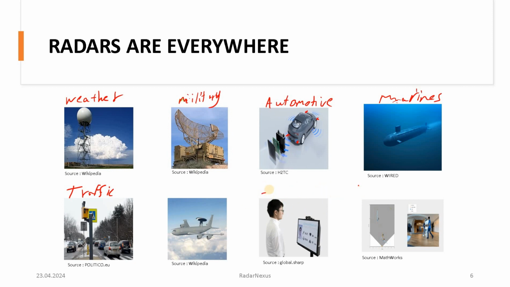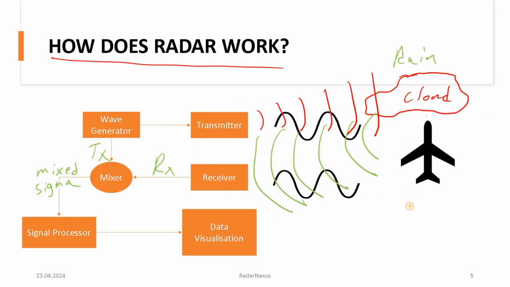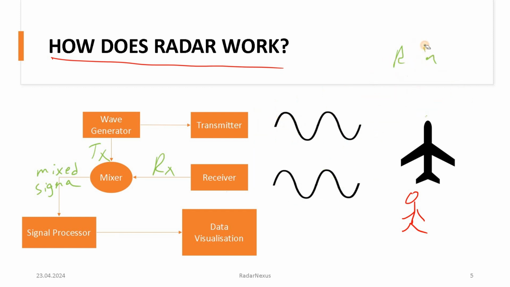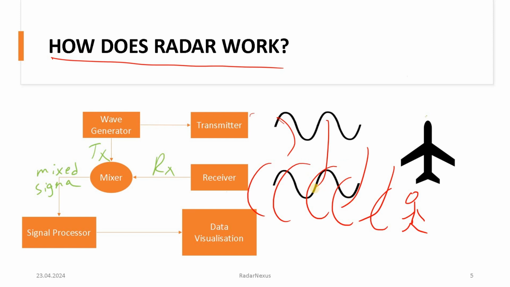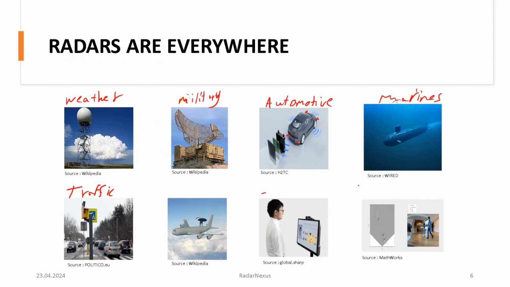Again, back to the basic working principle of radar: radar hits an object, let's say this time a human, and the object reflects back the waves, and these waves will be distorted. Based on that distortion in the wave, we can extract your heart rate, we can predict your breathing rate, and all these indications. And of course, as I said, radar can measure the velocity, so the velocity of your chest moving up and down because of breathing can be measured by radar.